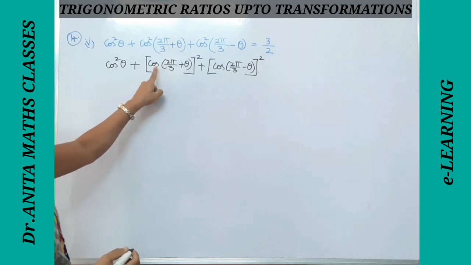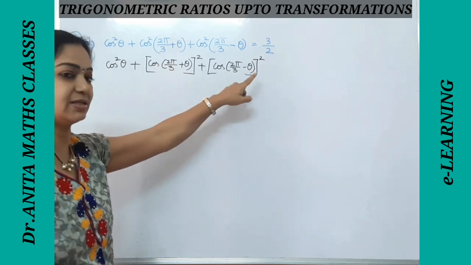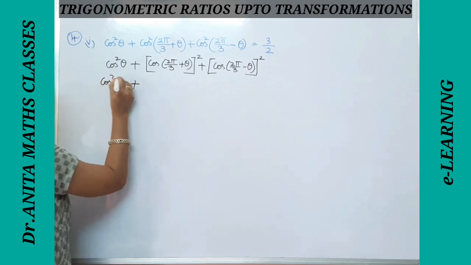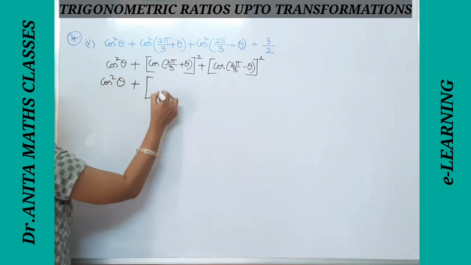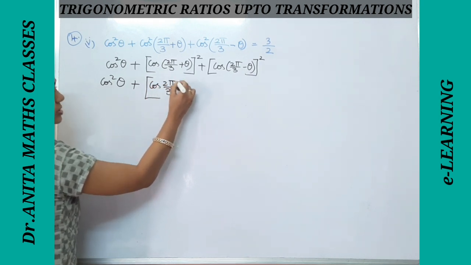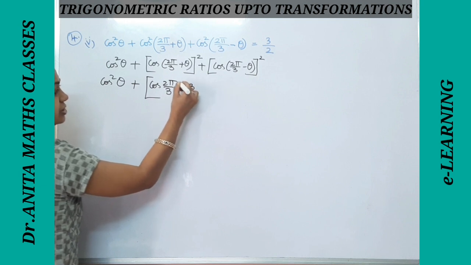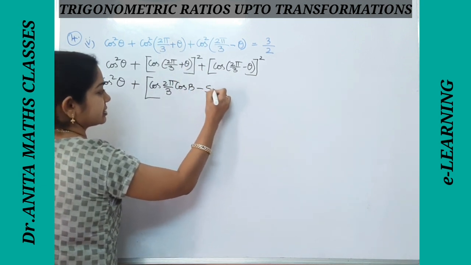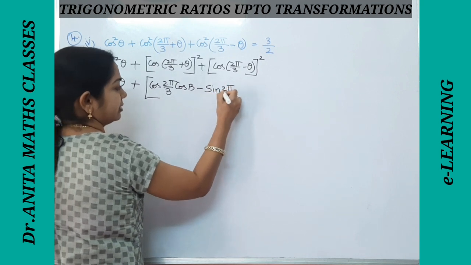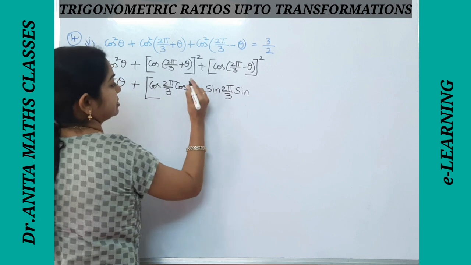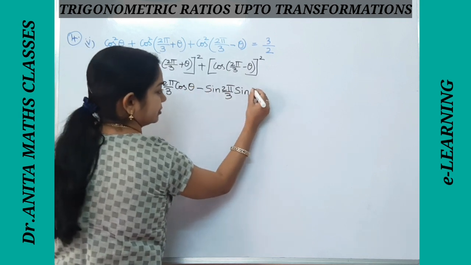Now, the whole square, first in the compound angle ratio, that is cos of A plus B and cos of A minus B, we will expand. Here, if you take cos square theta, here cos A is 2 pi by 3, cos A cos B. In cos function you get reverse sign, that is if it is plus you get minus: sin 2 pi by 3 sin B, so B here is theta, okay, right.